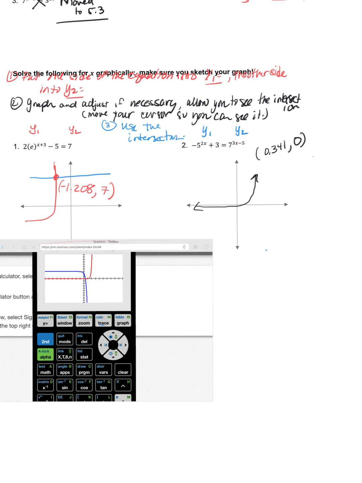And then the other one is coming down through here. It's actually crossing right at that point. And that's what this point is. Okay, so make sure you draw the graph through. And so my solution is x equals, remember it's just the x value, 0.341. All right, okay, that's the lesson.